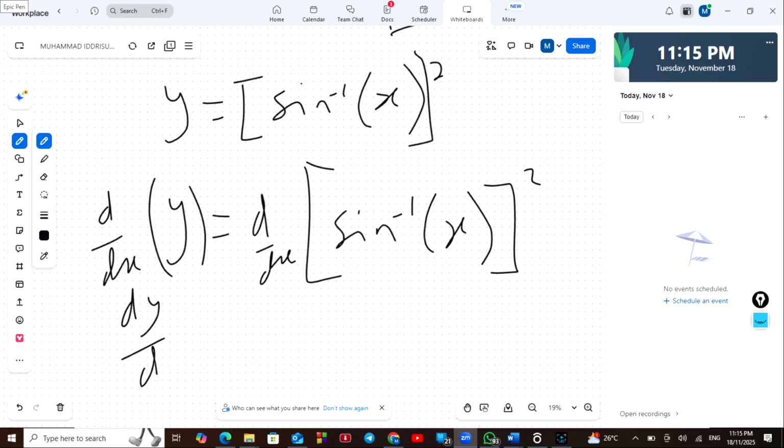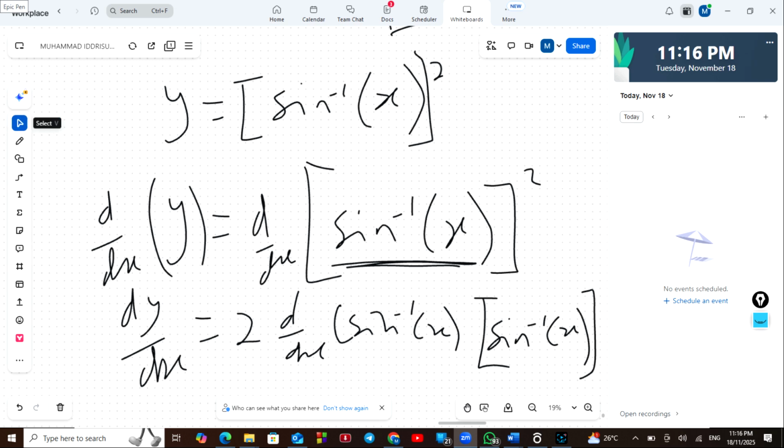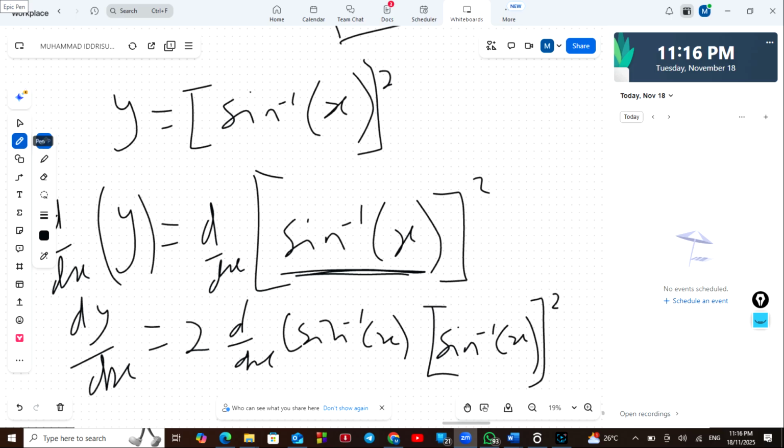So my dy dx will be equal to, first I differentiate this function, so it will become 2 multiplying the derivative of the inner function, d dx of sine inverse of x, multiplying the function itself, which is sine inverse of x all to the power 2 minus 1, so we subtract 1 from the power.